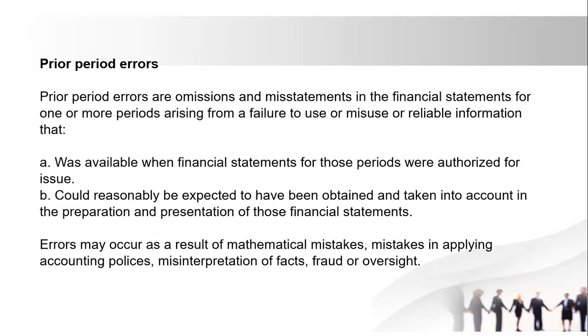Next, we have the prior period errors, which are omissions and misstatements in the financial statements for one or more periods arising from a failure to use, or misuse of, reliable information that was available when financial statements for those periods were authorized for issue and could reasonably be expected to have been obtained and taken into account in the preparation and presentation of those financial statements.